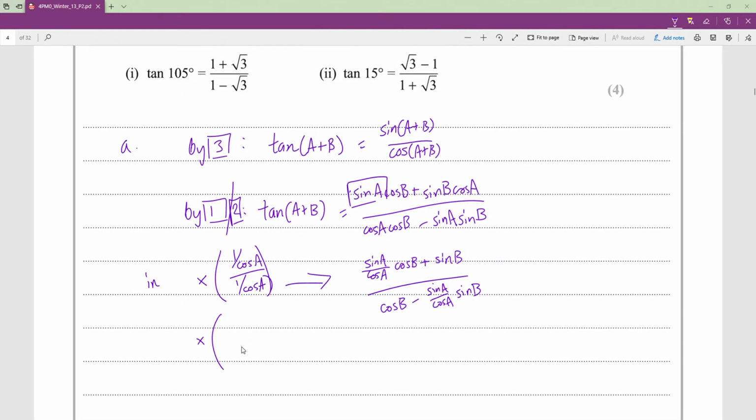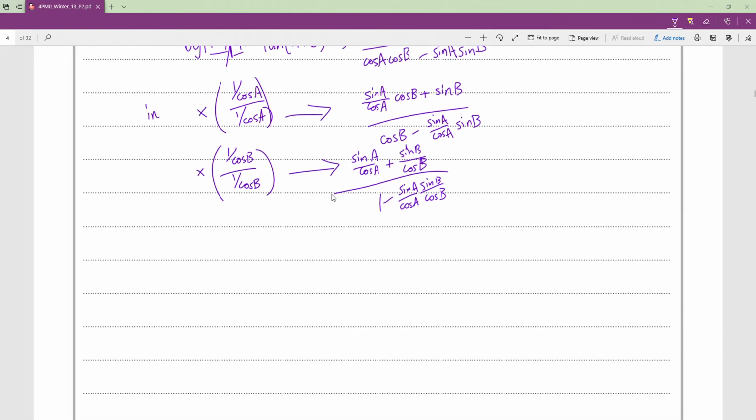So multiplying by 1 over cos B, this becomes sine A over cos A plus sine B over cos B divided by 1 minus sine A over cos A sine B over cos B. Sorry about the handwriting being slanted, by the way.